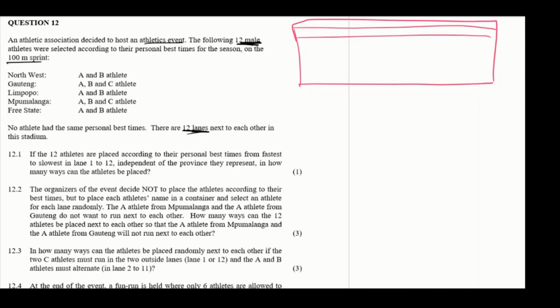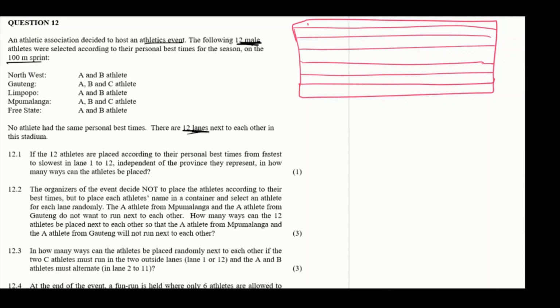There are 12 lanes next to each other in the stadium. So think of it as a track, and this is a lane of a track, a 100-meter distance.